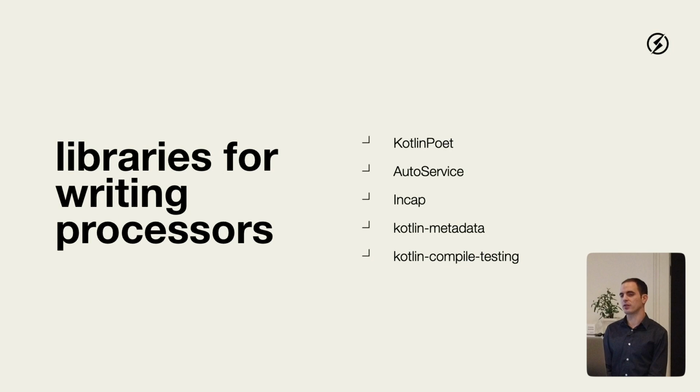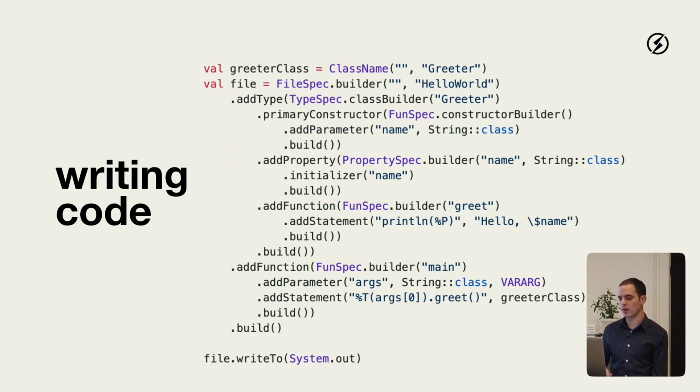And if you are doing testing, and you should do so if you are writing processing code, then you can use the Kotlin compile testing artifact to test your annotation processors. Let's see two examples for the first and last library. So to write code, you can use the KotlinPoet library. This is a very simple usage of it.